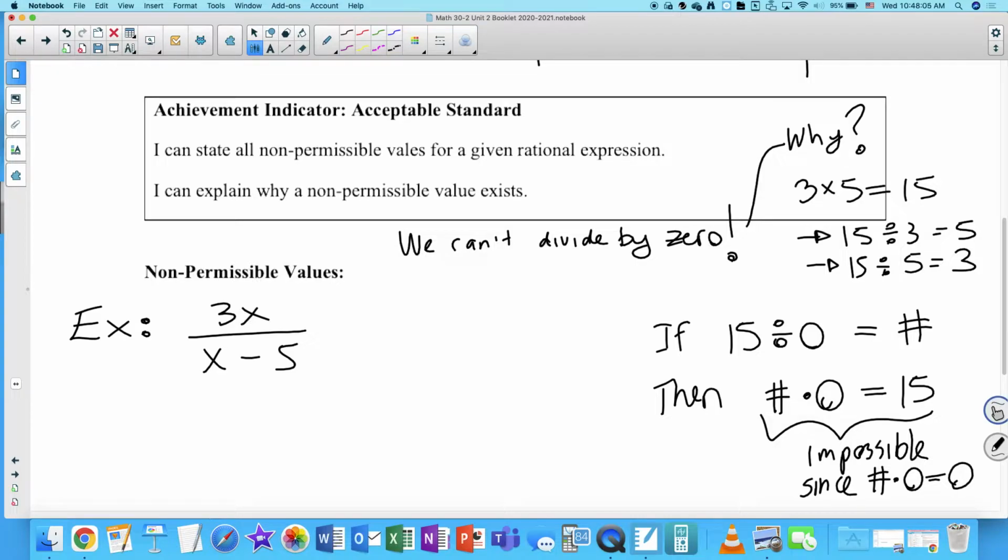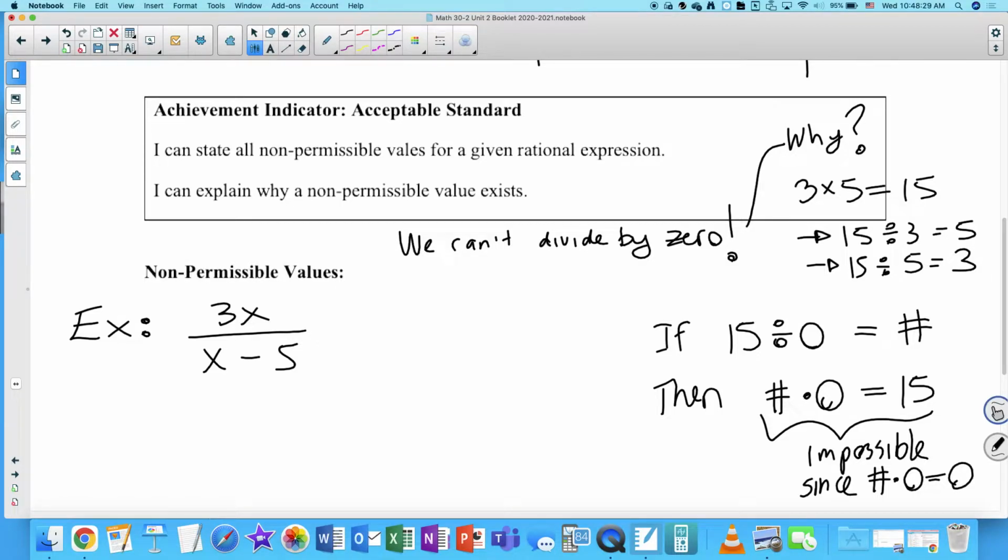If x equals 0, this will be 0 over negative 5, which is 0. But there is one value of x that would make this expression undefined. Yes? Positive 5, yes.